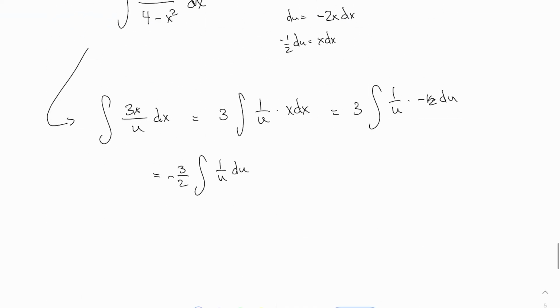So right here, this constant out front stays like it is. The antiderivative is that, ln of absolute value of u. And then the very last step, as always, put the x's back in. So my final answer shall be ln absolute value 4 minus x squared, like that.